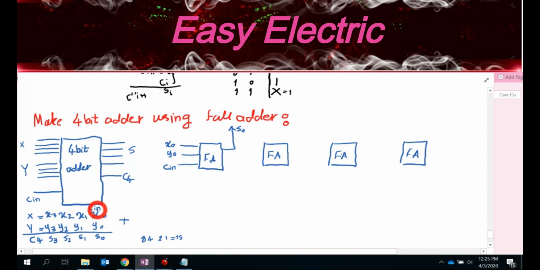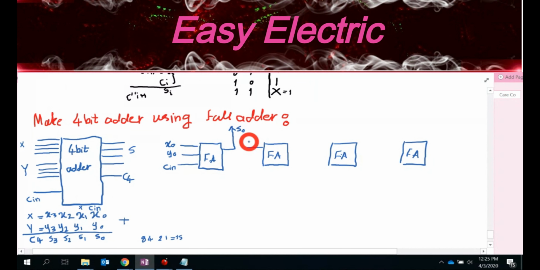So how about the carry? If I add these 3 together and I get the carry, you probably put the carry here, right? So then for the next, you need to add x1 plus y1 plus the carry that you got from adding these 3 bits, right? So you tell me what should be the input of the second full adder.